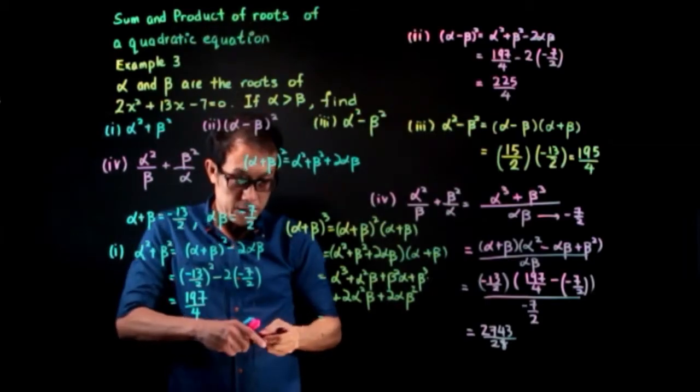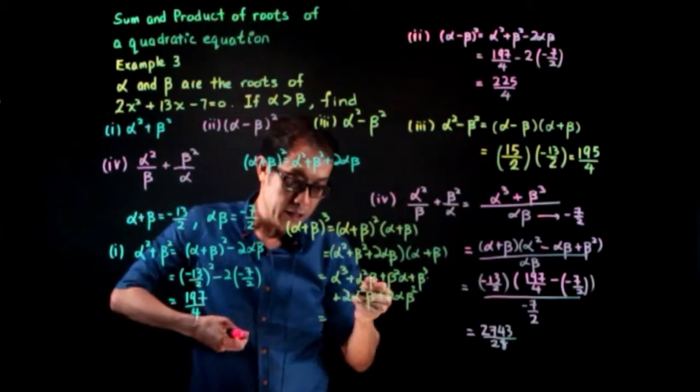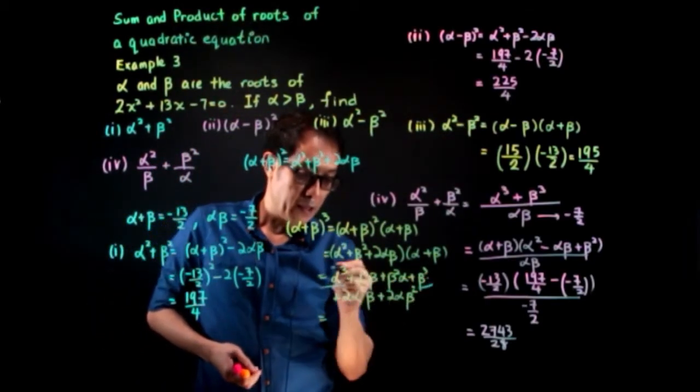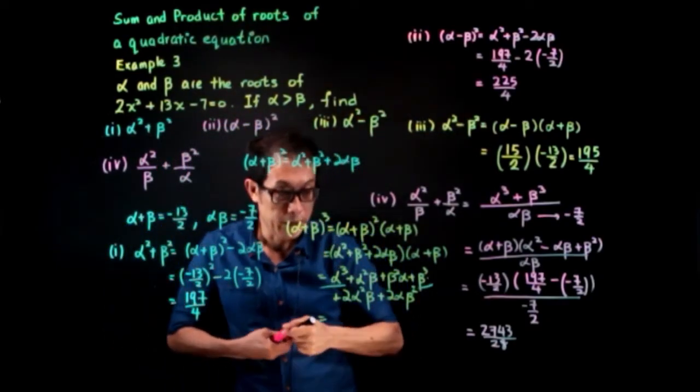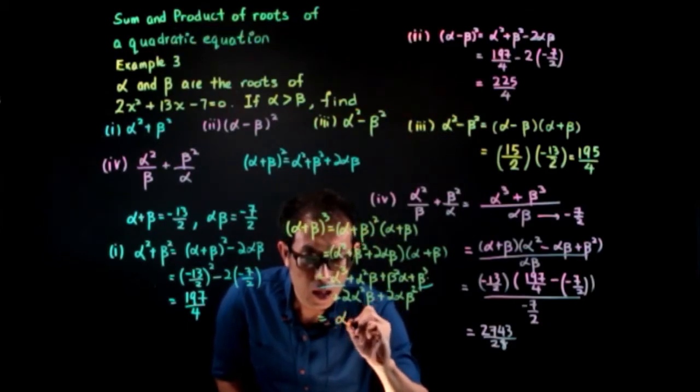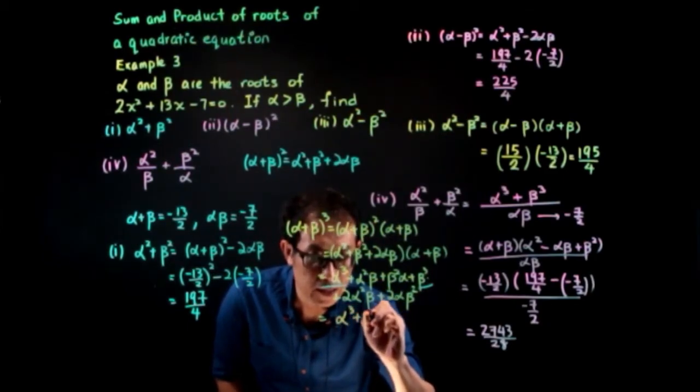Now, this is what we want, right? Alpha cube plus beta cube. So we group them together. Alpha cube plus beta cube.